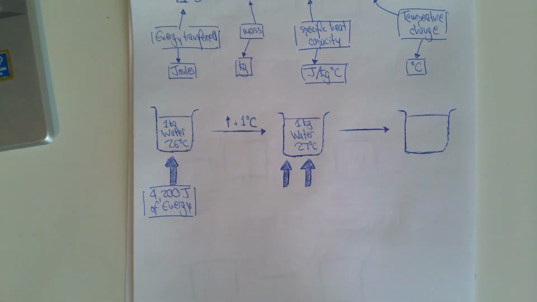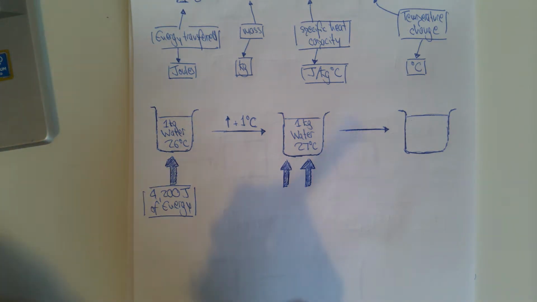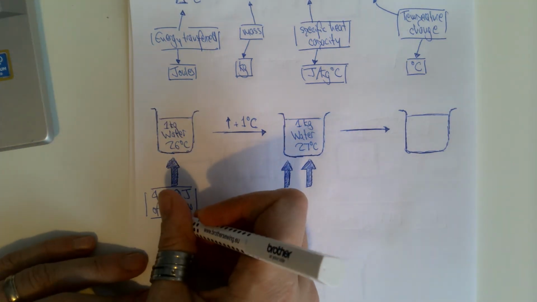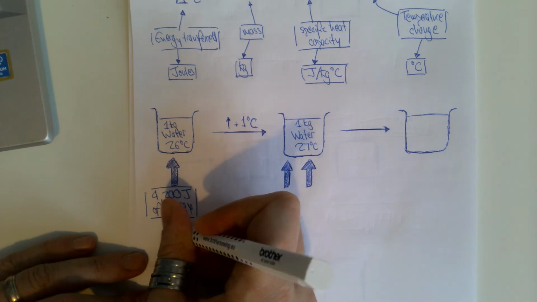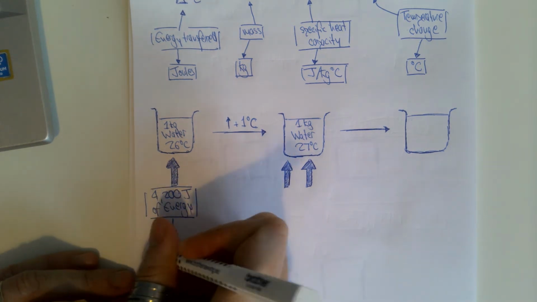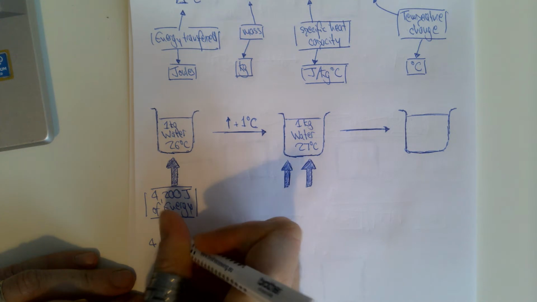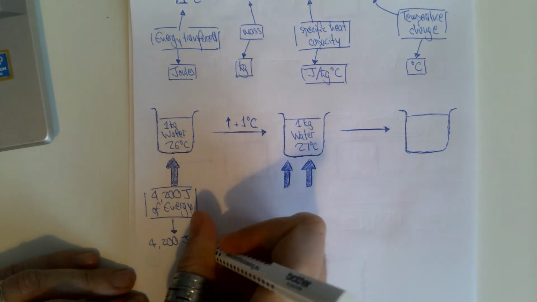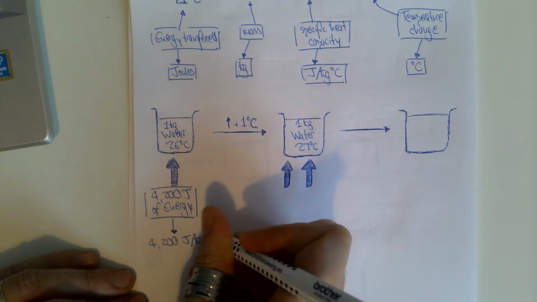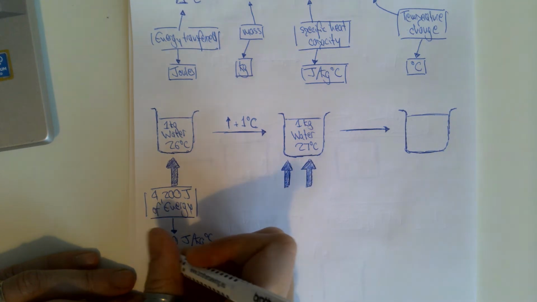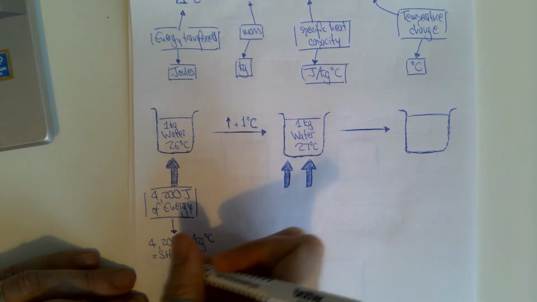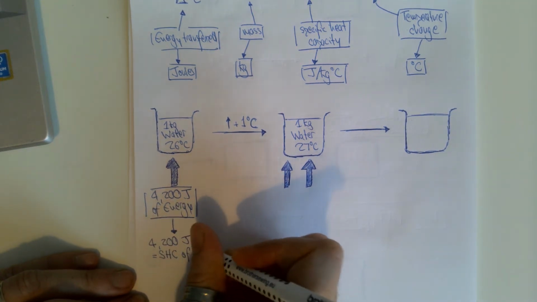That, therefore, is our specific heat capacity, because it's the amount of energy that we need to heat this substance by 1 degree Celsius. So 4,200 joules per kilogram degrees Celsius would be our specific heat capacity of water.